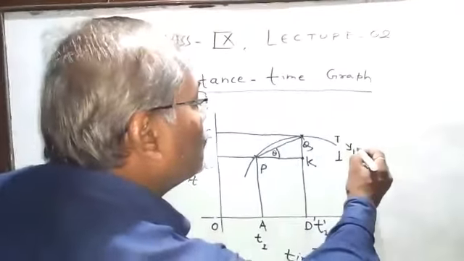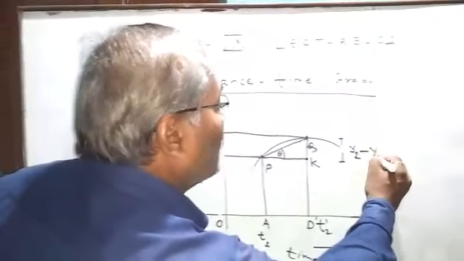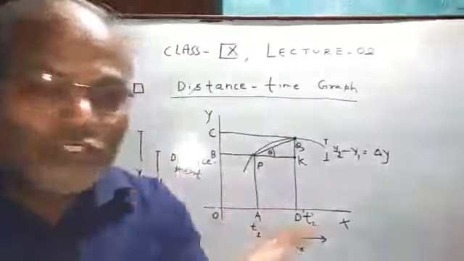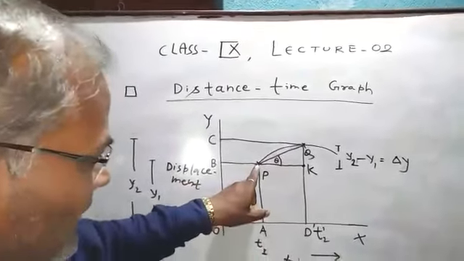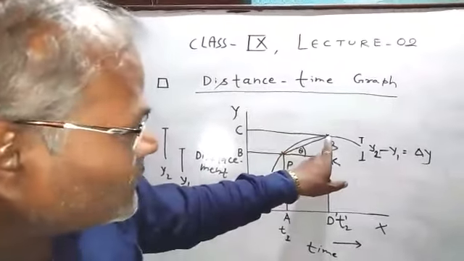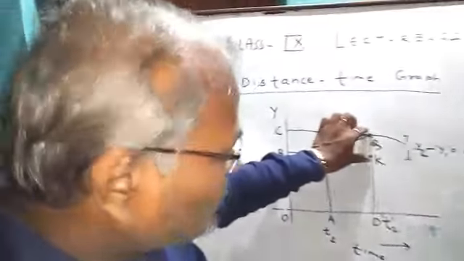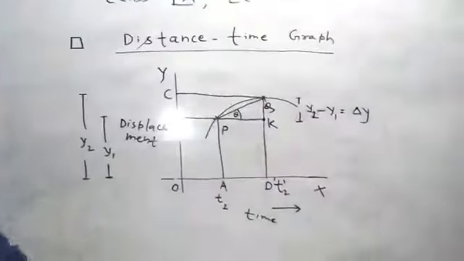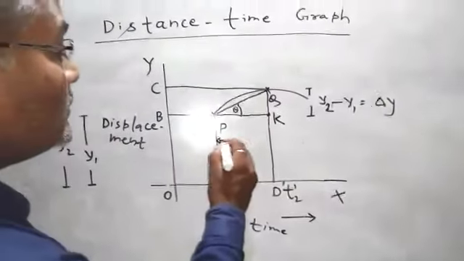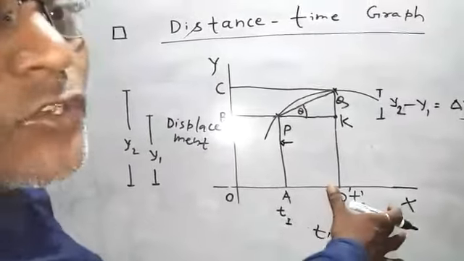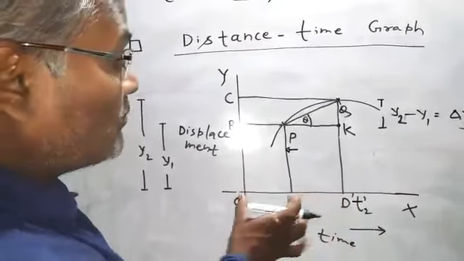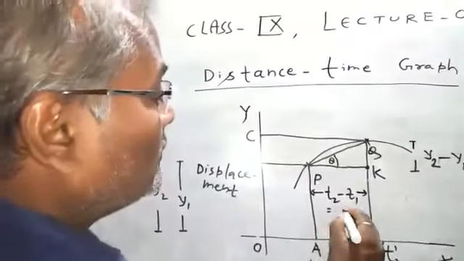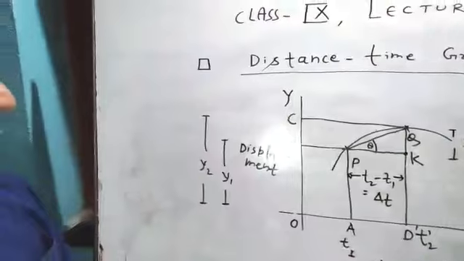It is delta y, the change in position. When the body starts moving from point P and reaches point Q, the change in position is y2 minus y1. Similarly, time is plotted along the x-axis, so t2 minus t1 is the change in time.